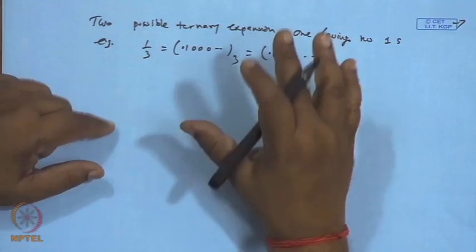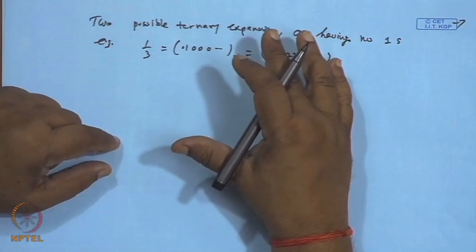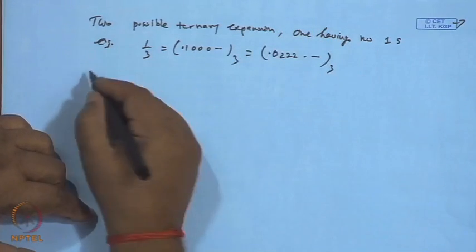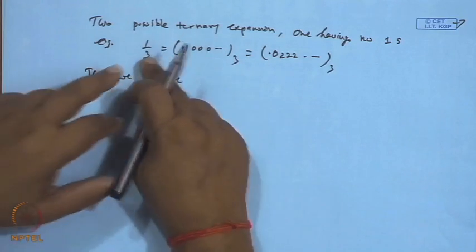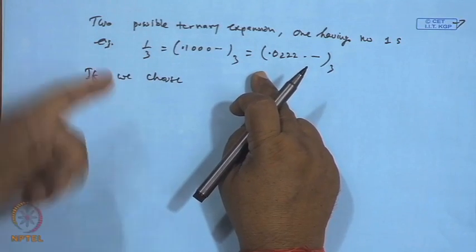So what we want is that we choose that expansion, and these endpoints are in the Cantor set.